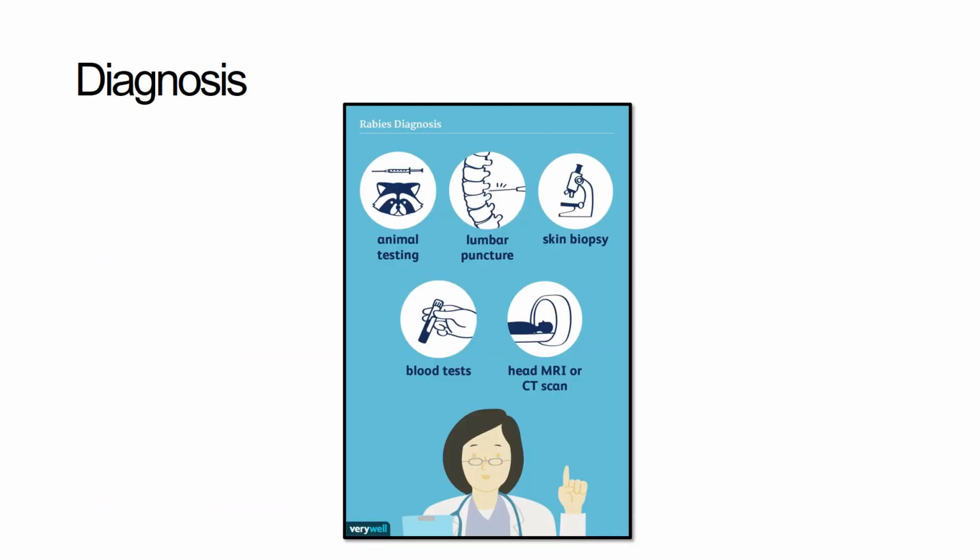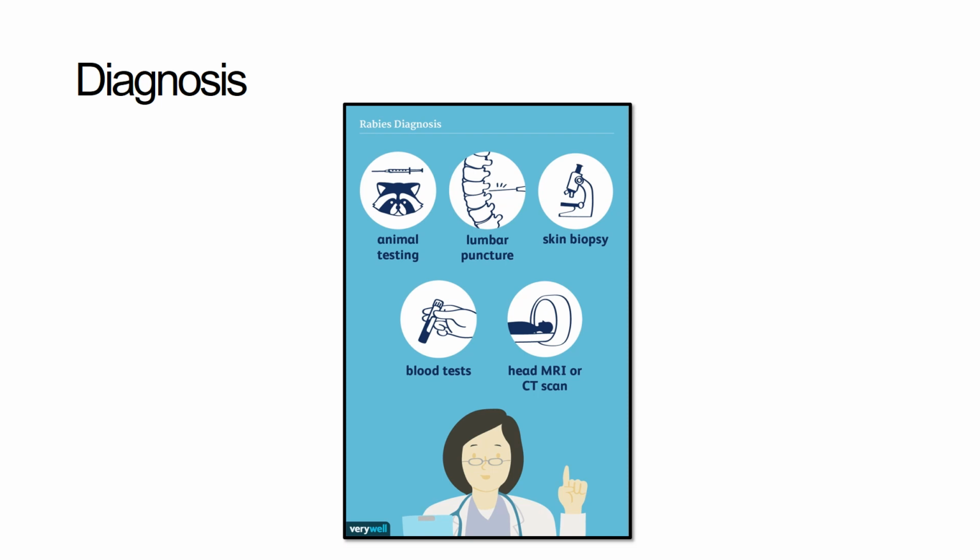For diagnosis, basically animal testing can be done, to check whether the animal that has bitten the human or any other mammal is infected with rabies, or has been immunized previously or not. Lumbar puncture, skin biopsy, blood test, head MRIs or CT scan are all part of diagnosis.